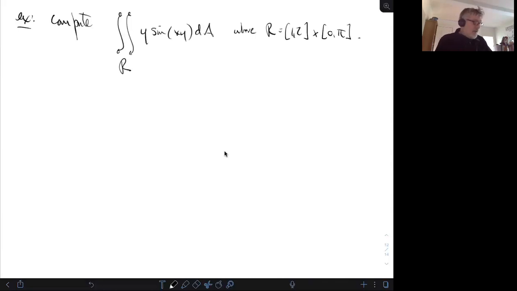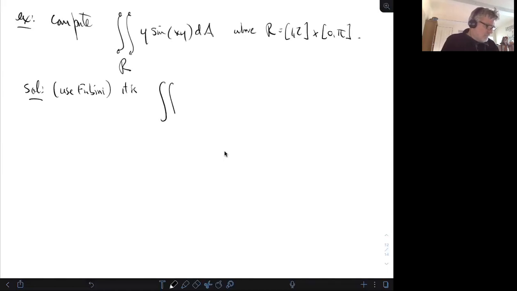Okay, so again, this function y times sine of xy is super nice. Fubini applies. So use Fubini, right? So this is equal to either the integral from 1 to 2, integral 0 to pi of y sine of xy.